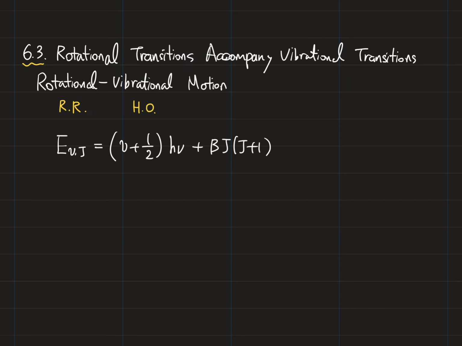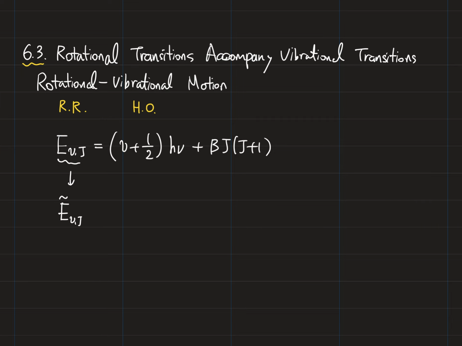For the spectroscopist, they always prefer the wave number unit rather than energy. So we try to convert the energy to wave number. We want to express the energy in terms of the wave number unit.